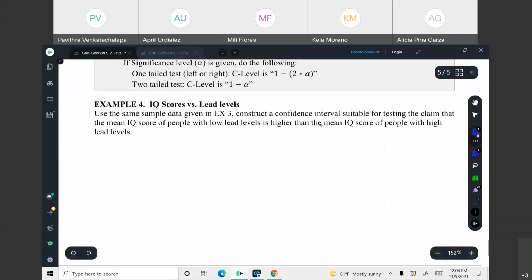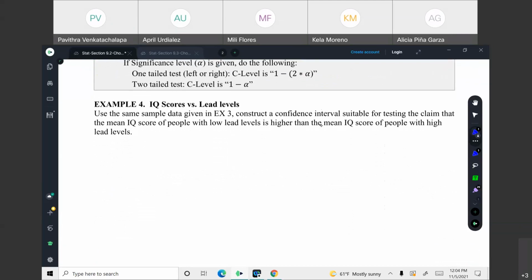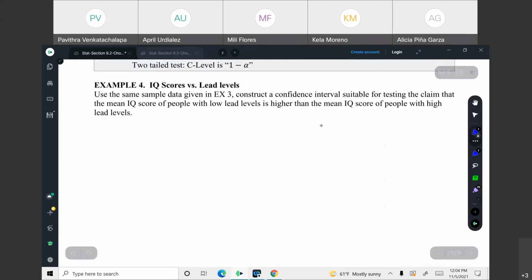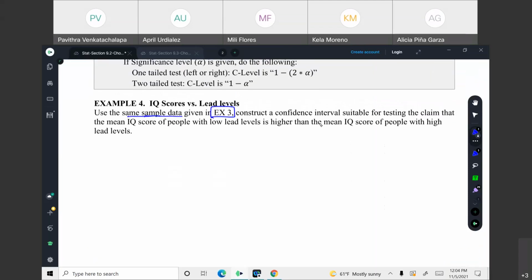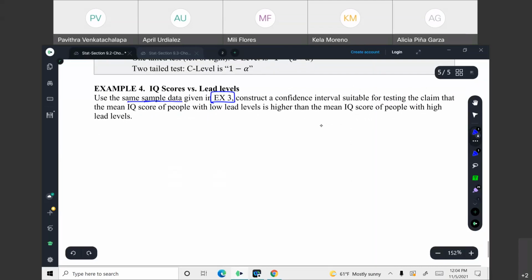So we will straight away go to the example. We just have one example to do. Using the sample data given in example 3, we are going to construct the confidence interval. I'll just write the data given in example 3. You can go back and check the data, that's also fine. To find the confidence interval, we need x1 bar and x2 bar.